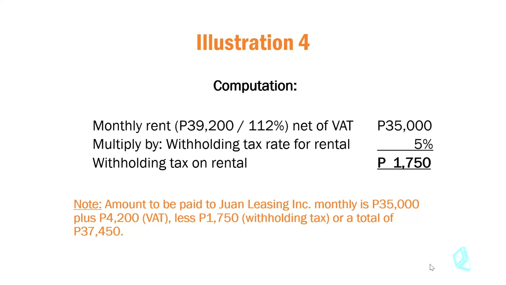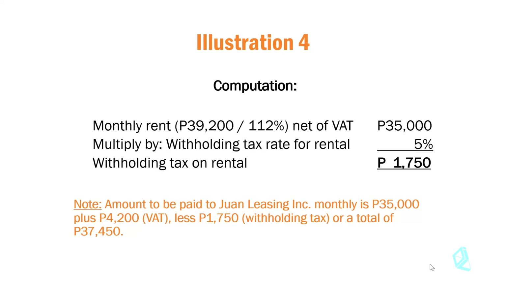So be very particular about this one before entering into contracts. I think this is one of the most complex computations if you don't know it. But now that you know it, at least you could talk to your lessor and be clear, because the lessor will eventually ask you for Form 2307.